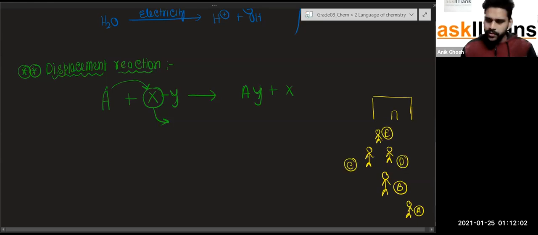Okay. Now think about it. If you are the one to be displaced or to be thrown out of the company, then who can do it? Would it be done by A, or would it be done by C, D, and E? Definitely your boss and your seniors can throw you out of the company, not your juniors, right?